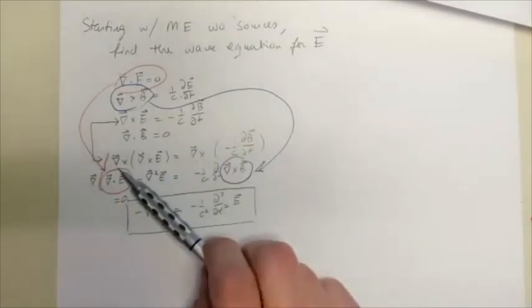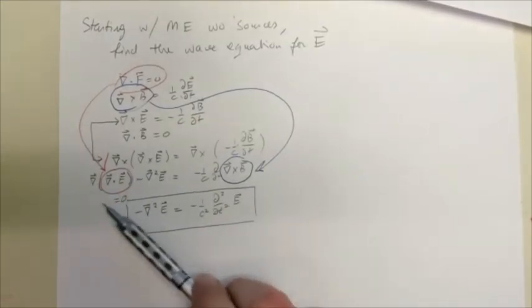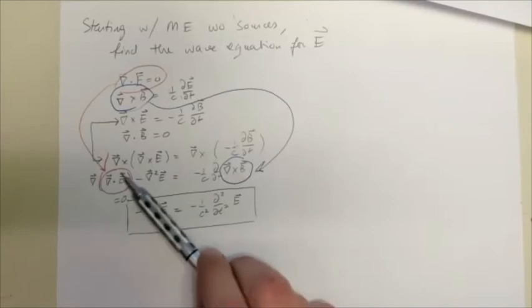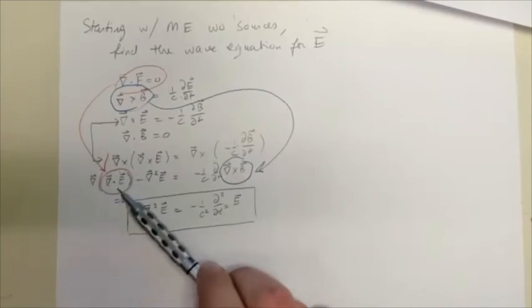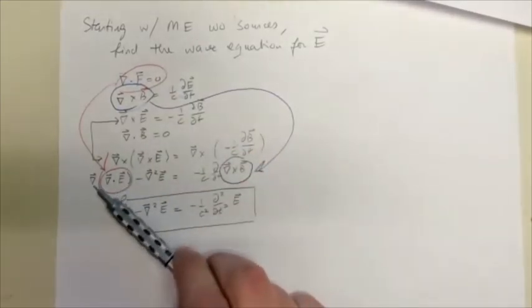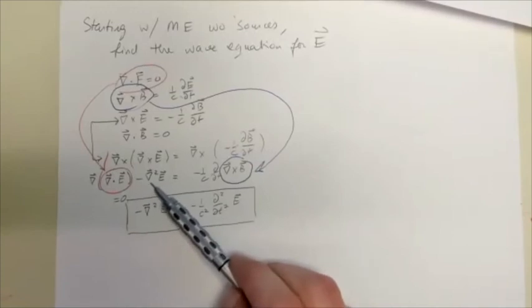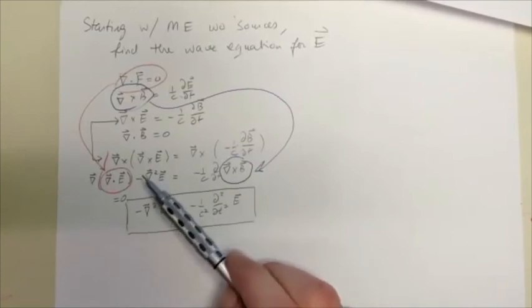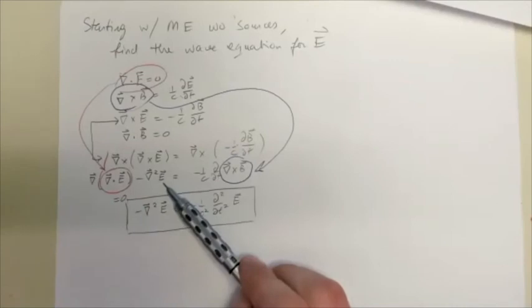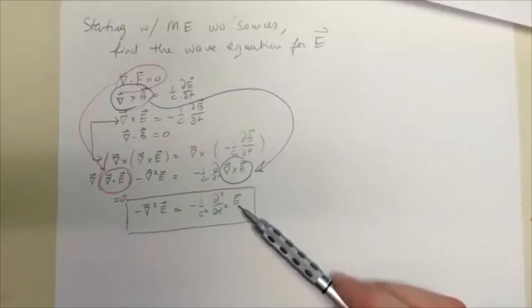So in this case, you get a curl of curl of E, and that's known as the gradient of, in parentheses, the divergence of E. Now the divergence of E in this case, because it's sourceless, there's no rho term here, so this is 0. So the gradient of 0 is obviously 0. And now you have minus nabla operator squared of E.